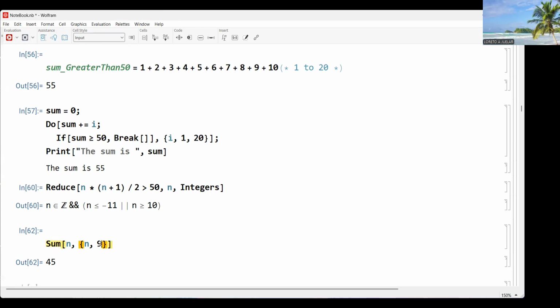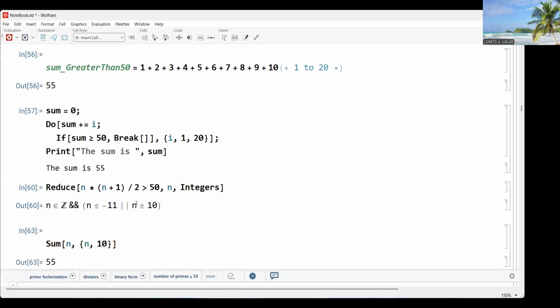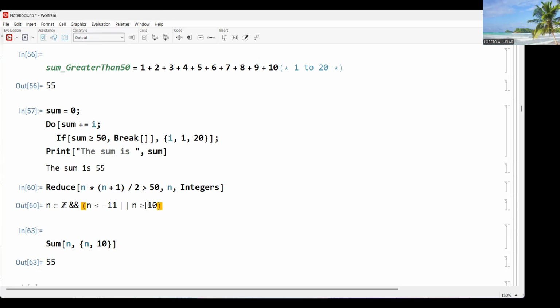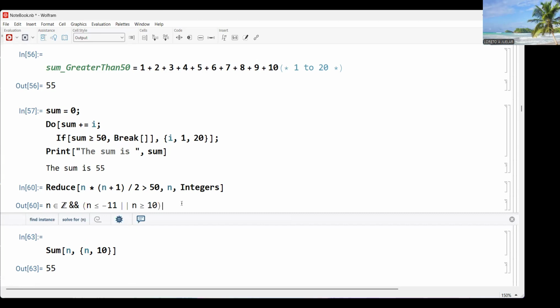It should be at least greater than 50, so it becomes 55. So our solution here is n equal to 10.